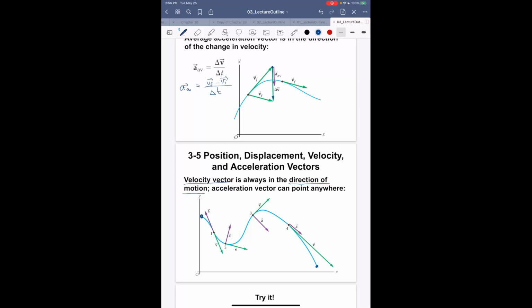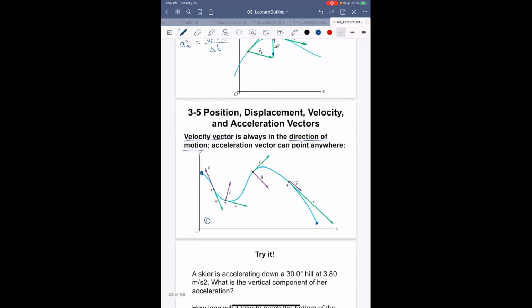Here you can see at point number 1, A is in the opposite direction of V, which means the speed decreases.